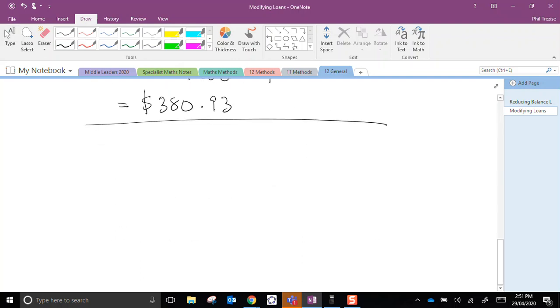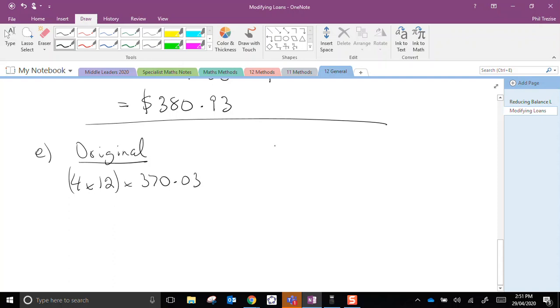Part E. Well, you can pause now and continue on by yourself if you'd like. How much more does it cost Oliver to pay out the loan due to the increase in interest rate? So let's work this out. So the original loan, from this point onwards, he would have had 4 years worth of 12 payments, and the original payments were $370.03.